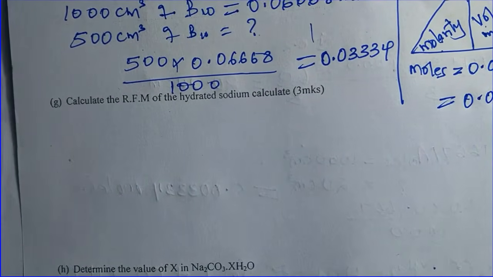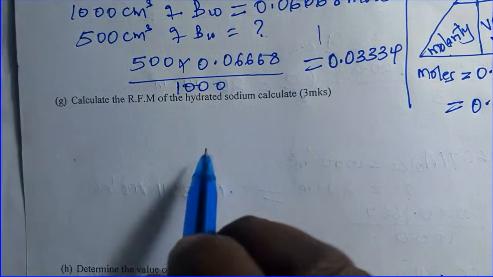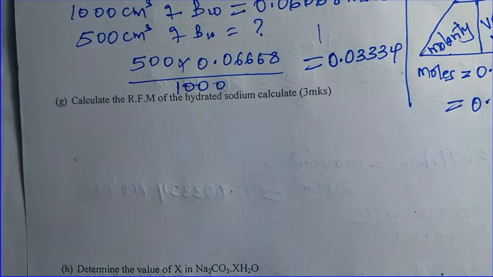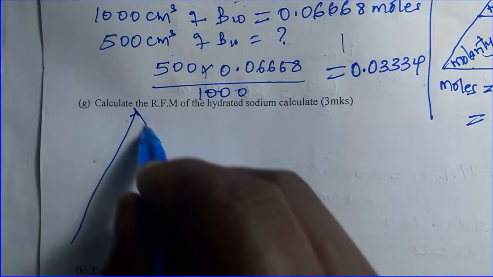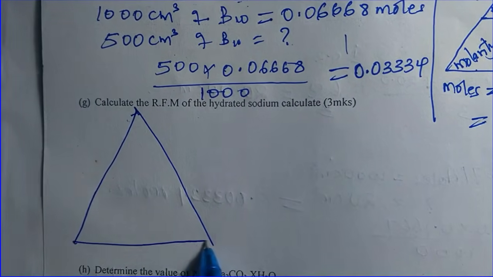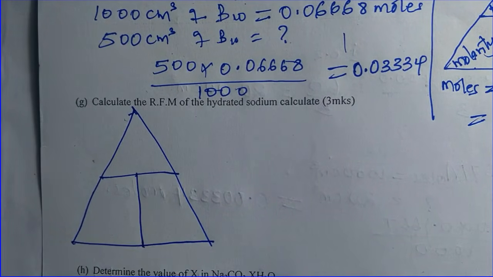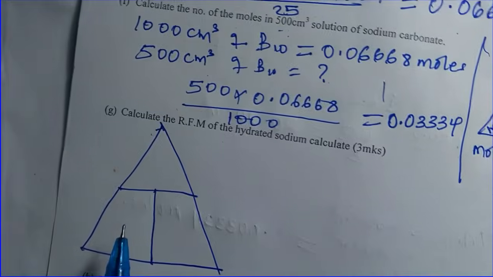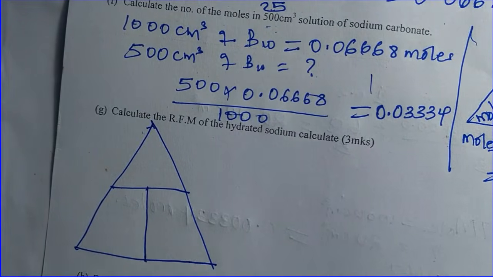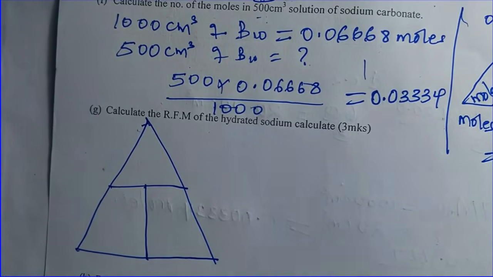Calculate the RFM, the relative formula mass of the hydrated carbonate. Now, for you to calculate the RFM, it is important you understand this triangle again. We have three very important triangles in moles. One is this one, the second one I'm giving you, and the other one is the obvious one, which is in Kelvin. So these two are not in Kelvin.